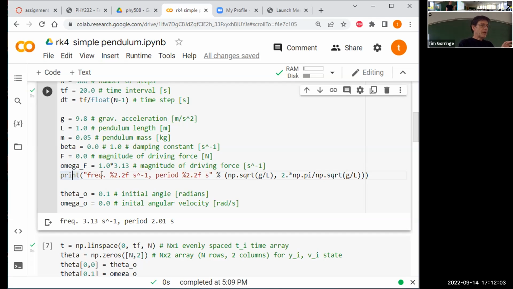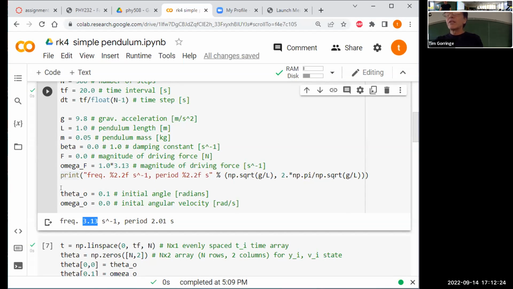And I'll also print out the natural period. So the natural period is 2 pi divided by the natural frequency. So the natural period is 2 seconds here. And this is the frequency in radians per second. Okay, so those are the parameters of the problem.